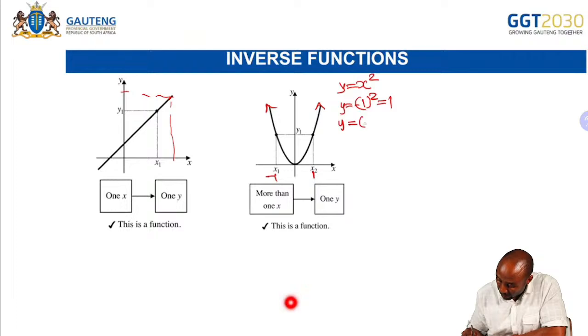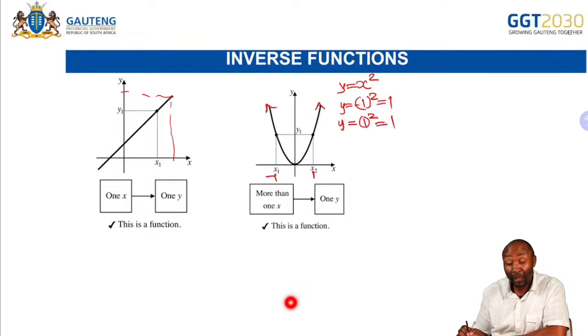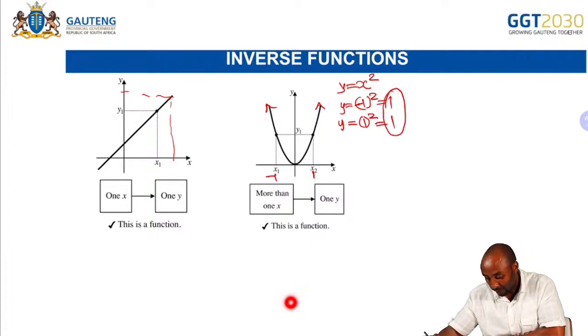I will have 1 squared, which also gives me 1 as the y value there. So you can see that this is a many-to-one, different x values, -1 and +1. They are all giving the same y value, which is 1. So it's a many-to-one. It's a function.